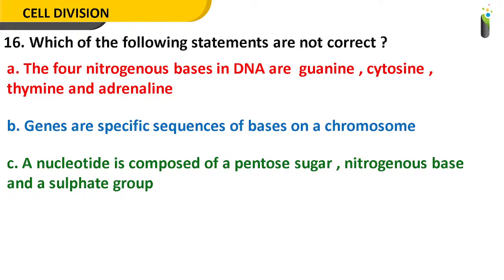C. A nucleotide is composed of a pentose sugar, nitrogenous base, and a sulfate group. D. All of the above. Now, I don't know whether I should give you a hint here or not. Okay, first you solve and then I shall talk about it.